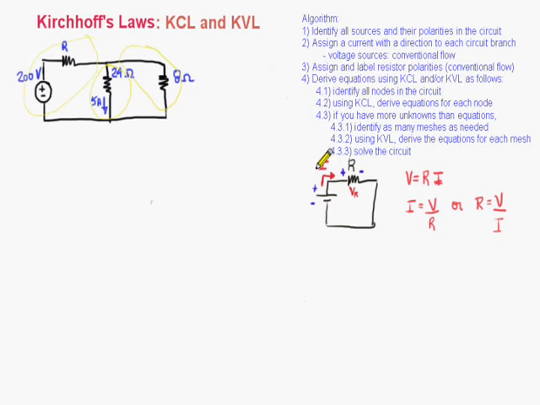So this is the direction of the current leaving the source according to the conventional flow, and this is the polarity of the voltage drop across the resistor when we are using conventional flow. So the tip of the arrow points to the positive side of the voltage drop across the resistor.